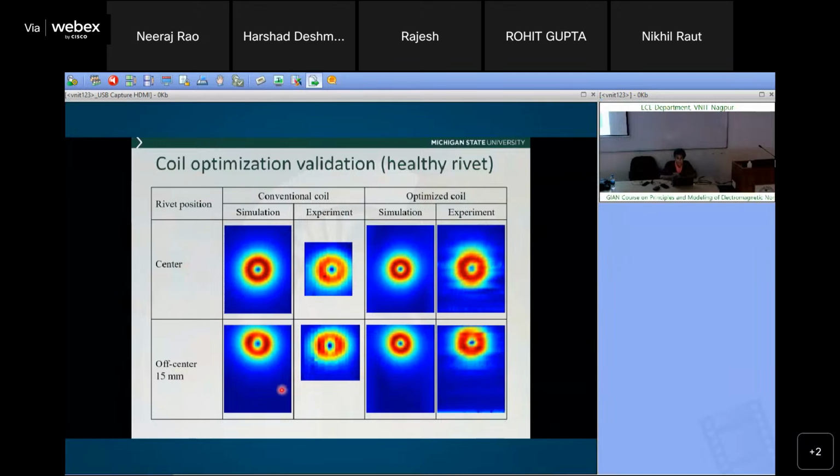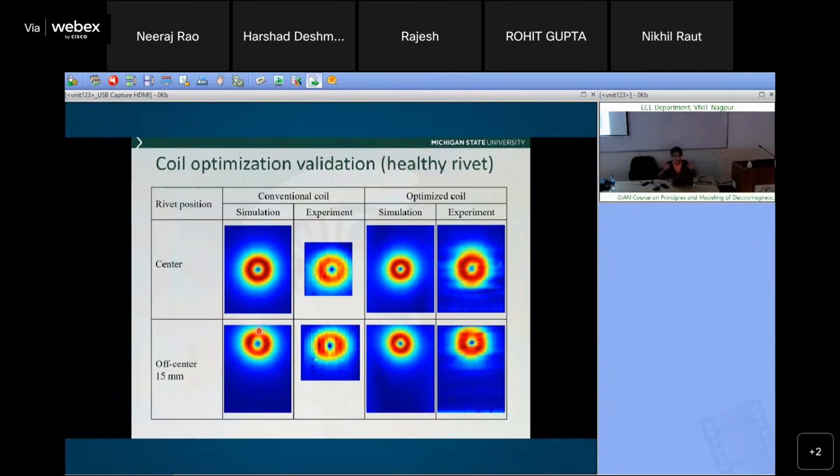But when the rivet itself is off center, 15 millimeters from the center, because if I have to accommodate 2 rows, it will not be at the center, this is the signal that you have. It is very difficult to see. This is the simulation result for the optimized coil, that is the non-uniform coil. This is more circular than for a uniform coil, which is off-center.